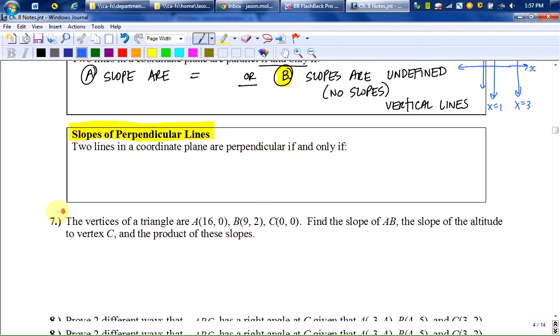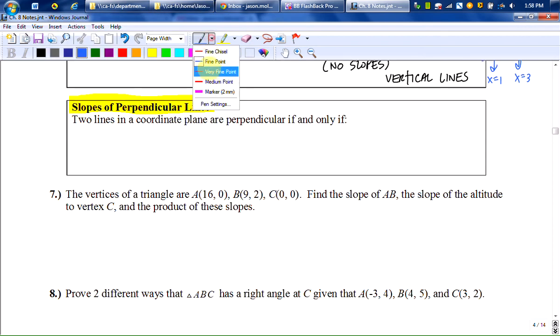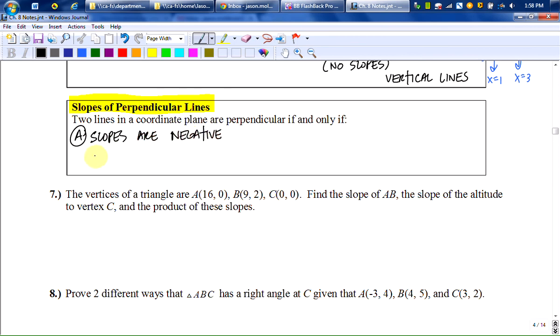Then on to perpendicular. Perpendicular lines, for the most part, we're going to be dealing with negative reciprocal slopes. Or another way of saying that is that the product of the slopes is -1.